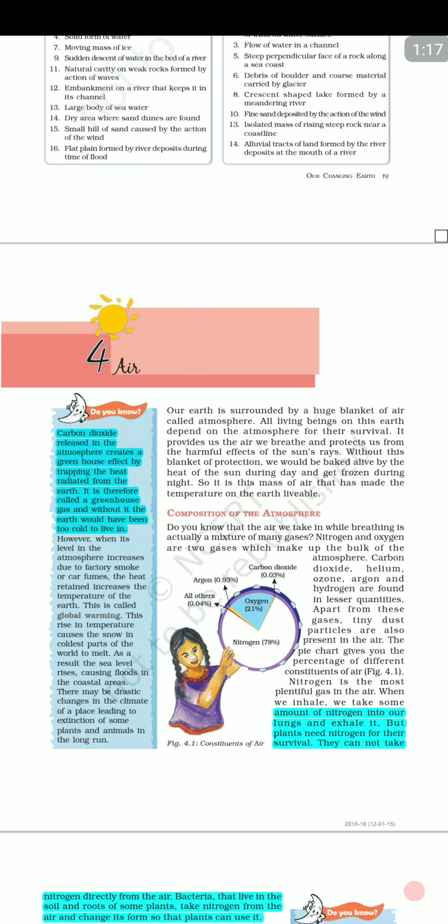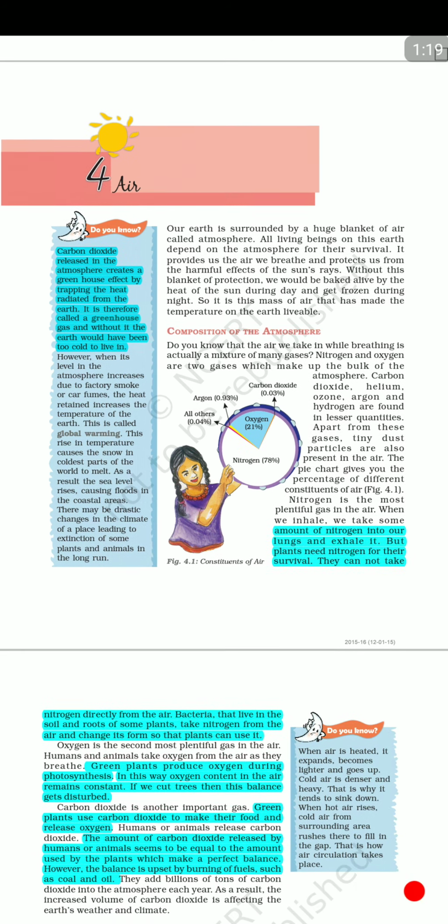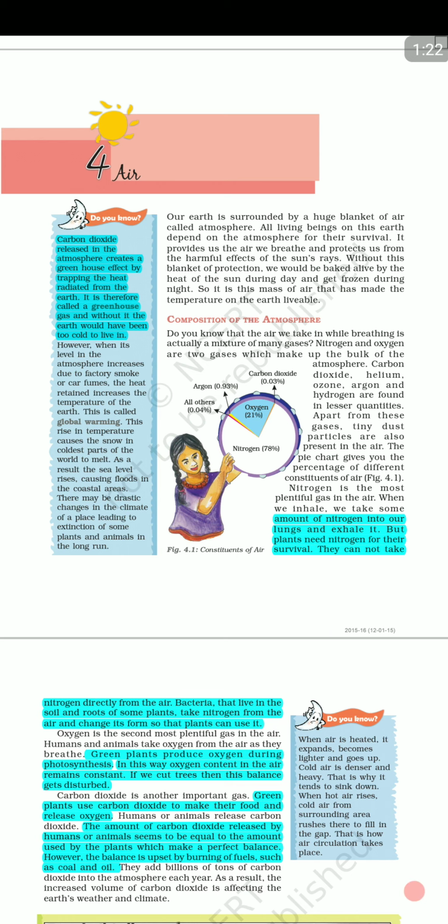Now, a very interesting fact: humans take oxygen, plants also take oxygen. Humans inhale nitrogen and also exhale nitrogen, but plants don't have a mechanism to absorb nitrogen from the air. That's quite peculiar, since there is a system of absorbing oxygen.